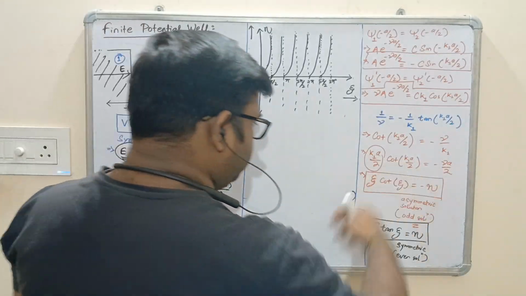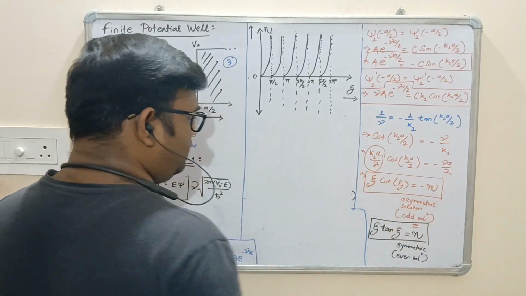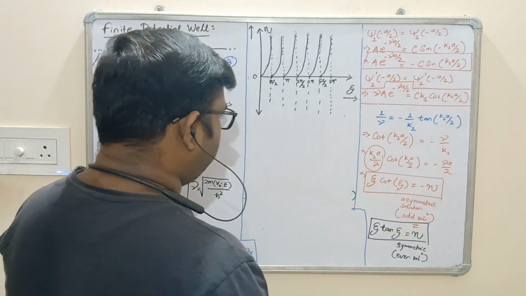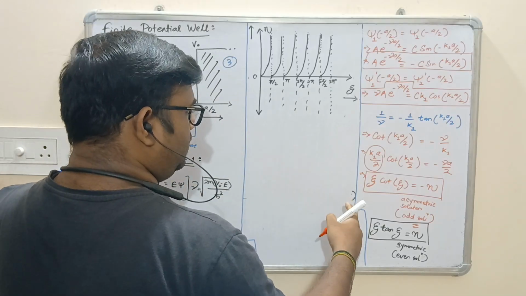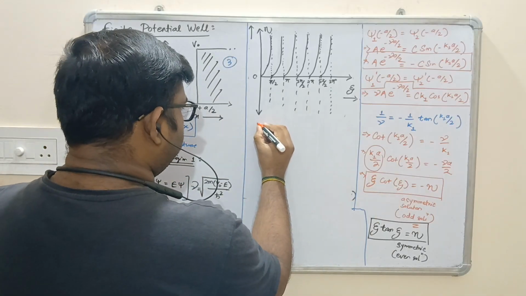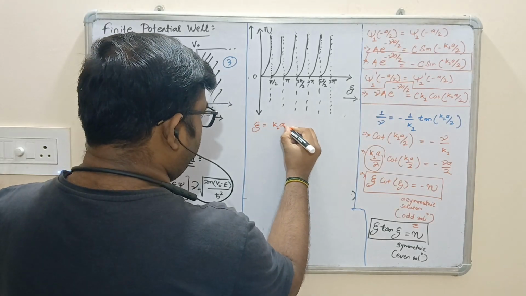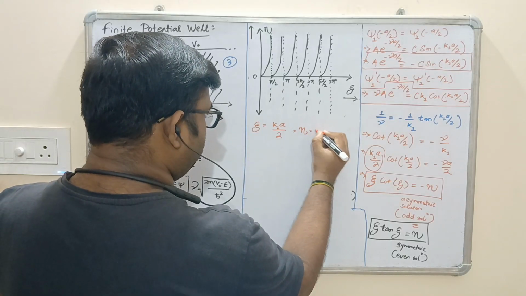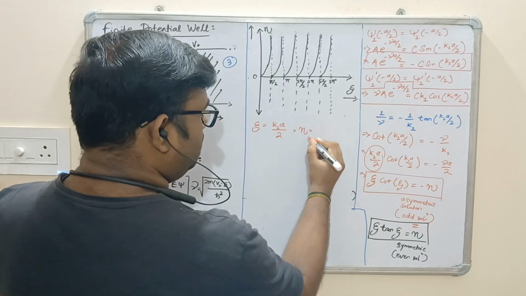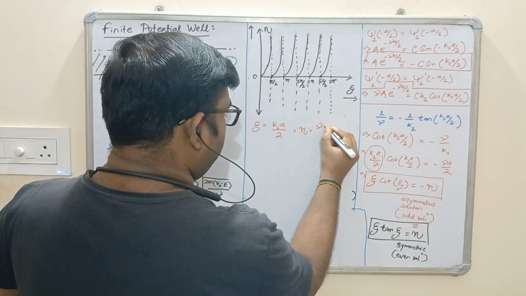Now if you do this, look at this. If you take this equation, very simply, you take the equations. Let's say we have E equal to K1 A by 2, and eta is equal to nu A by 2.